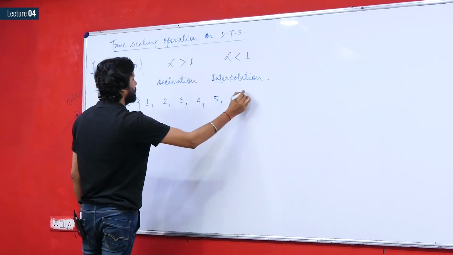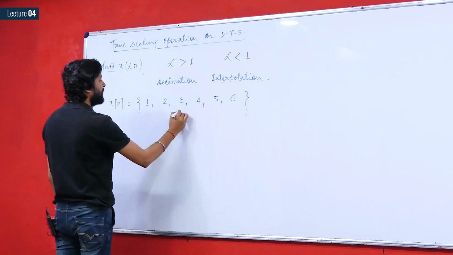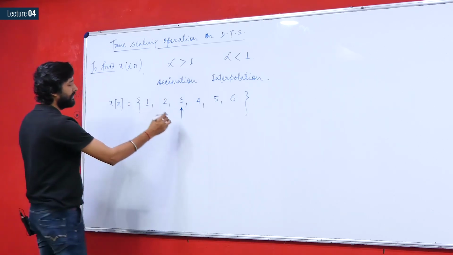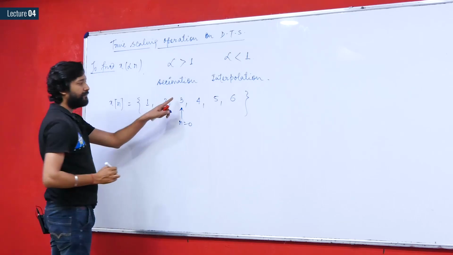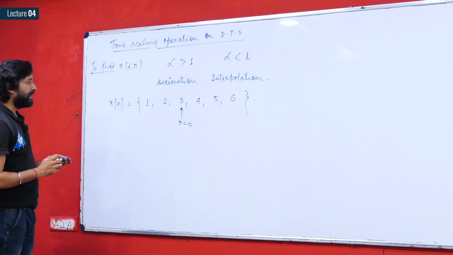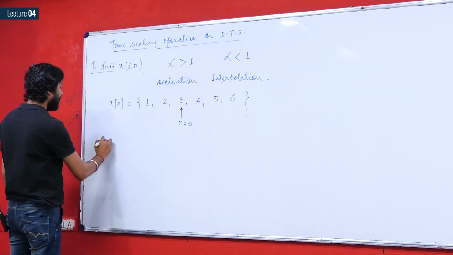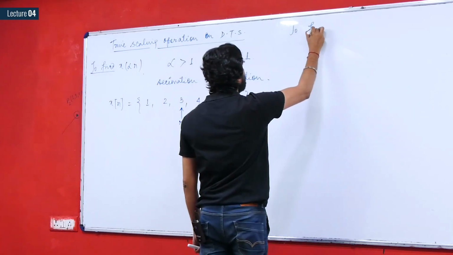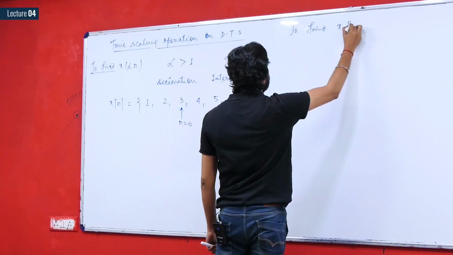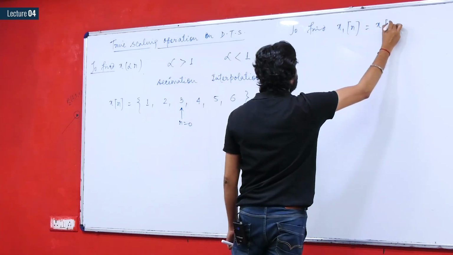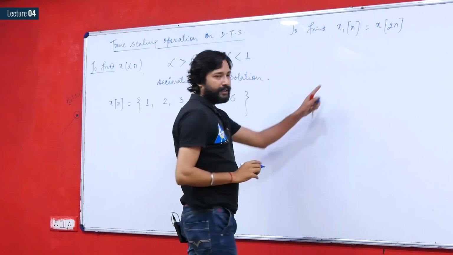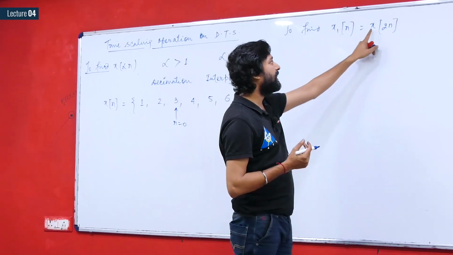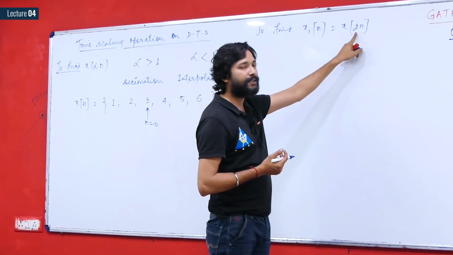Let this be your signal, and let the value at the origin, at n equals 0, be 3. Now we have to find another signal x1 of n that is equal to x of 2n. So the value of alpha is 2 in this case.